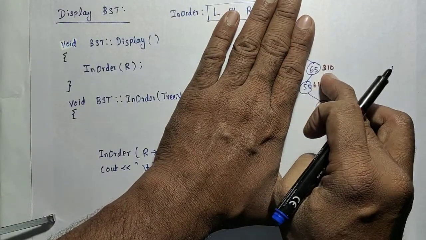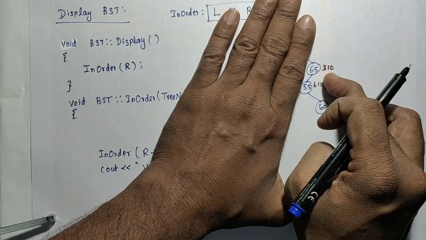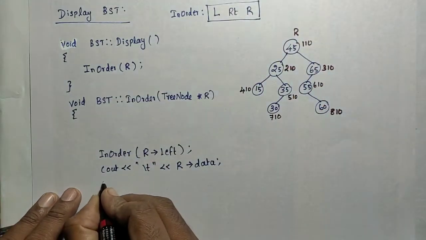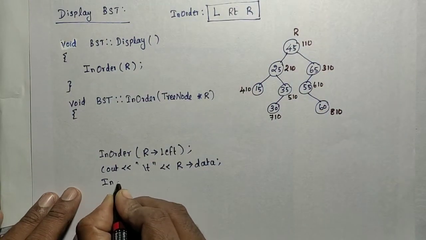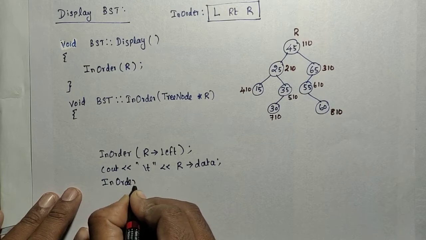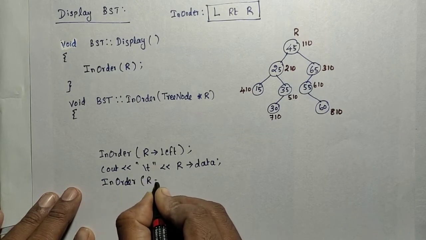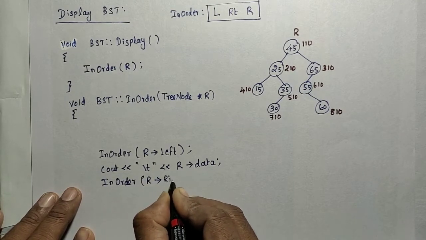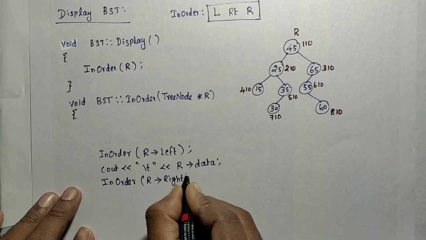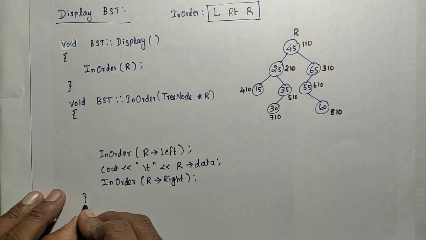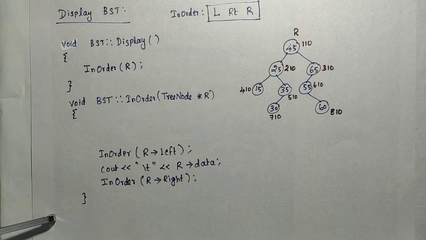Right subtree means I have to call inOrder of 310. So we need to call inOrder of R of right. The code is very simple, but to understand the code we have to trace it.